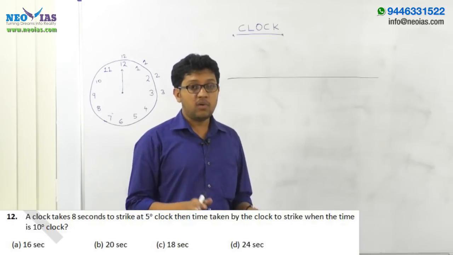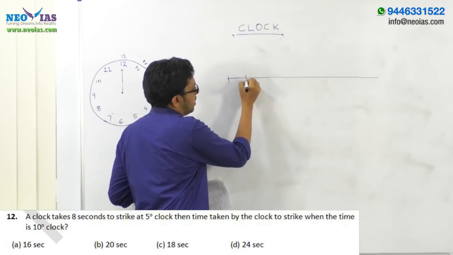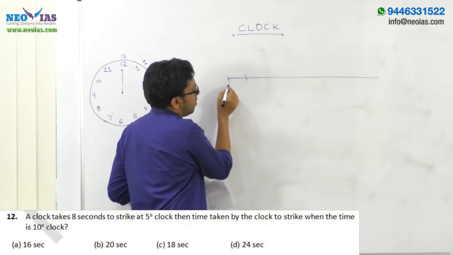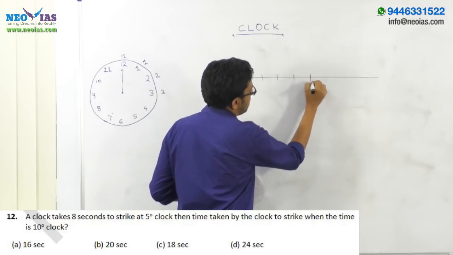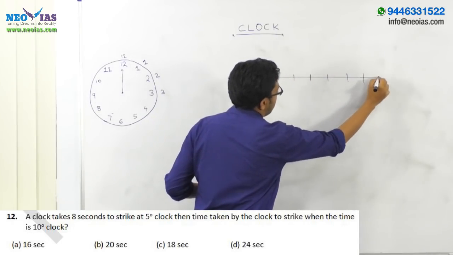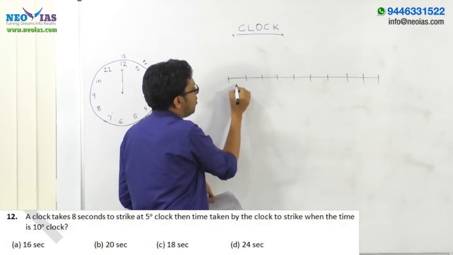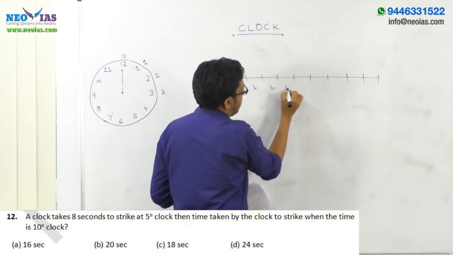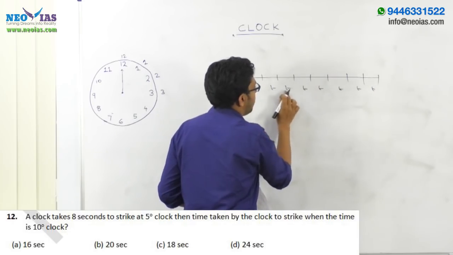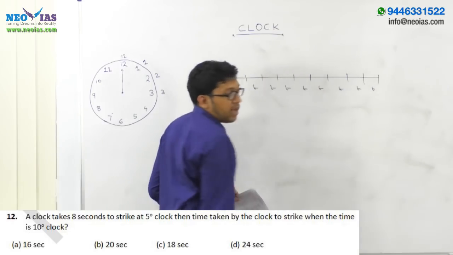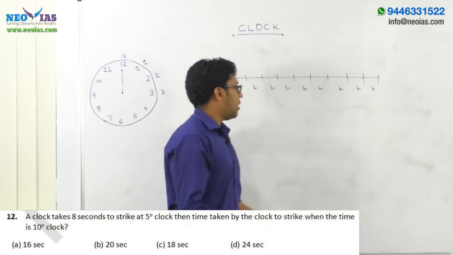Thus we need to find out the time interval at 10 o'clock to get our answer. At 10 o'clock there will be the first ringing, second, third, fourth, fifth, sixth, 7th, 8th, 9th and 10th. For 10 strikings there will be 9 time intervals: 1, 2, 3, 4, 5, 6, 7, 8, 9. Okay.